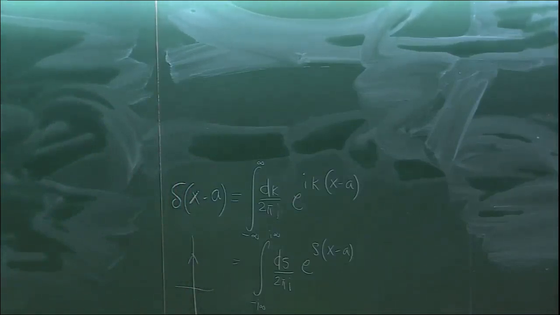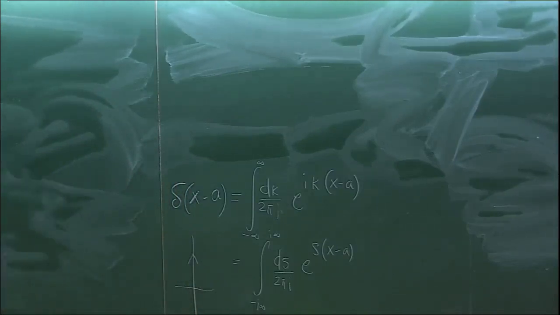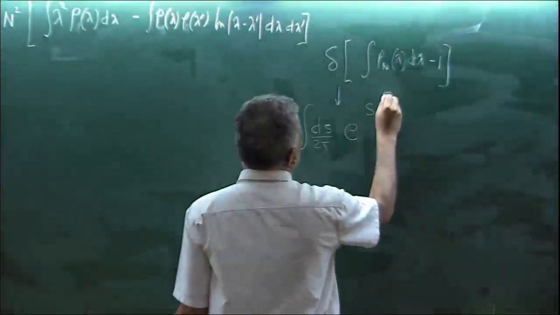So the idea is that you can use the integral representation of the delta function and raise it up in the exponent. The 2 pi etc. is not important.